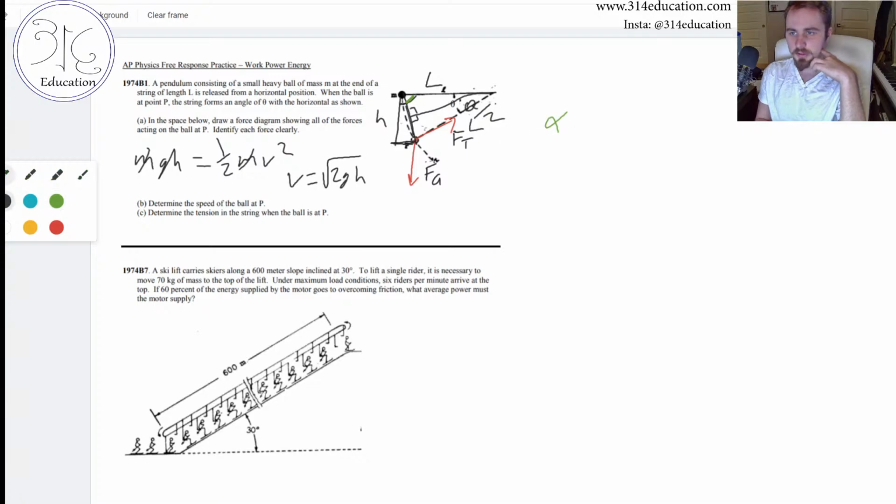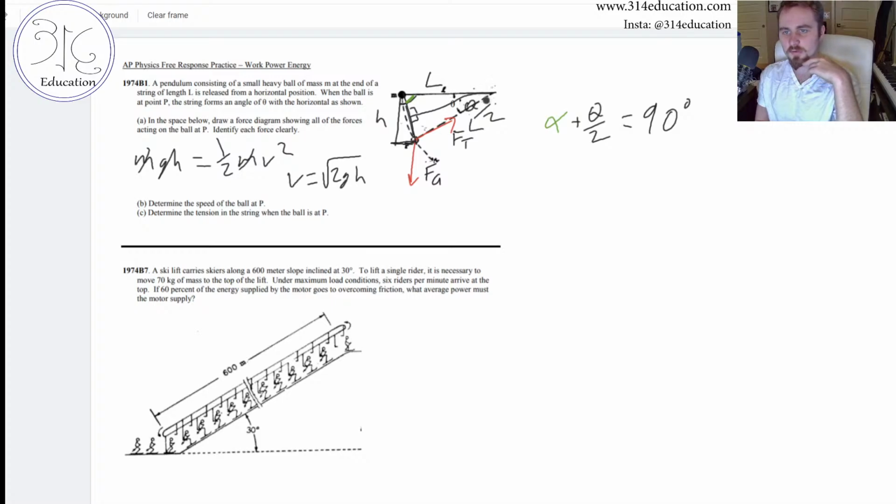Alpha plus theta over 2 has to equal 90 degrees because these two make up the 2 other angles of a right triangle, and the sum of all angles in a right triangle is 90 degrees. And then this total angle here also makes 90 degrees here, meaning that this angle in the top here has to be theta over 2.